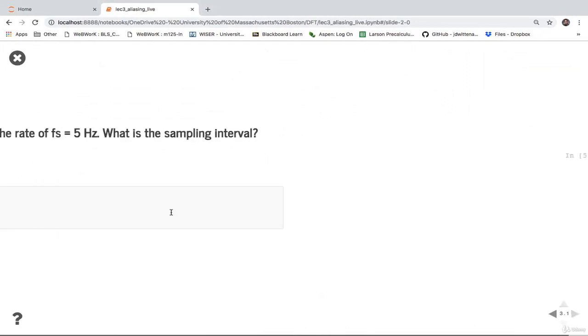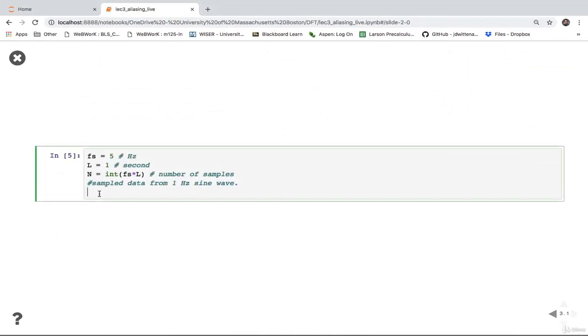Okay, let's see this in Python. I'm going to create, so my sampling rate is 5 Hertz. I'm going to do it for 1 second, just like before. And so let me give you the data points for this. So TS is np.linspace, just like before. I'm going to go from 0 to 1, N, and again I want endpoint to be false.